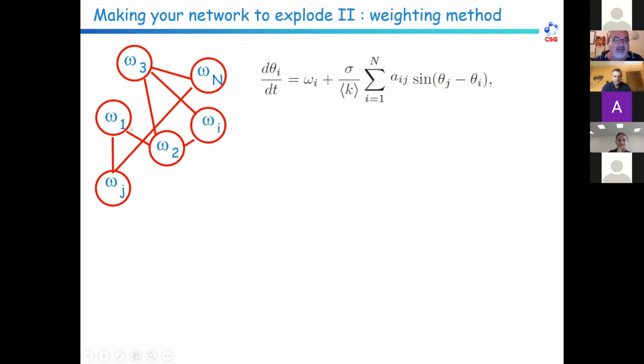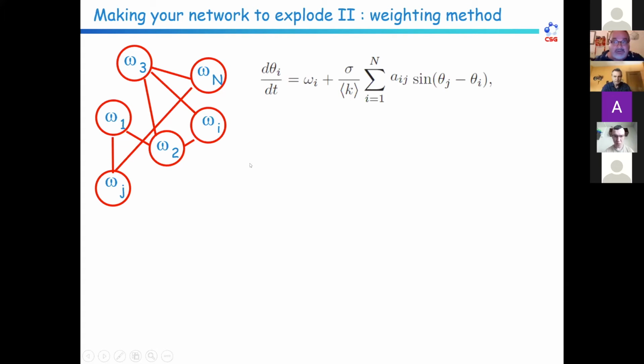I'm in the situation with the nodes on the table, each node having its frequency because you already fixed the frequency distribution, and you also fixed the network structure, this A_ij. So the only thing I can do is to weight the existing links. I cannot add new links, I cannot remove links. What I can do is add weights to the existing links.